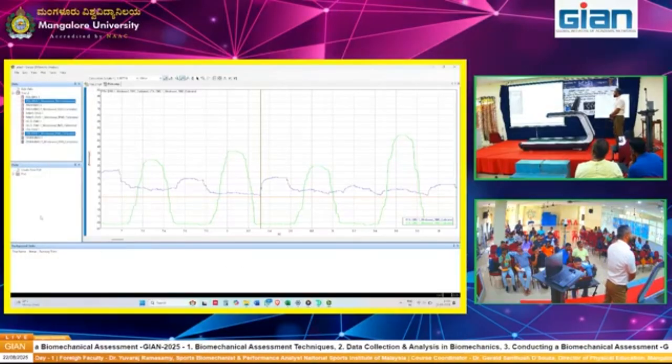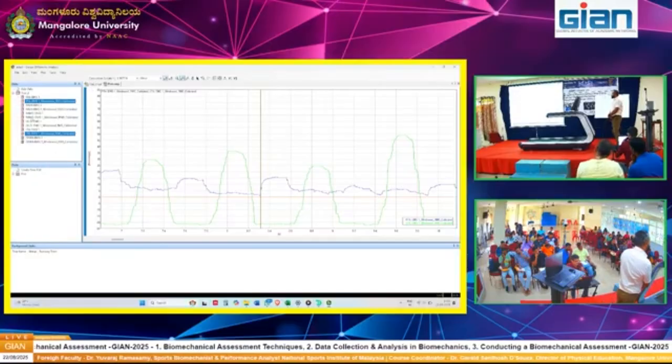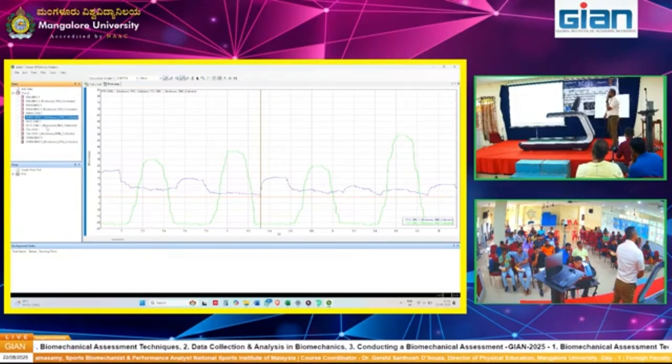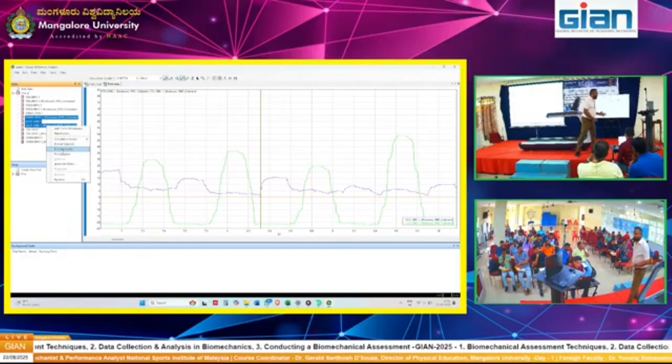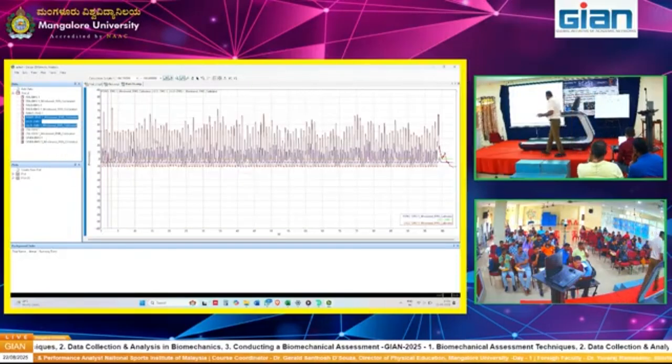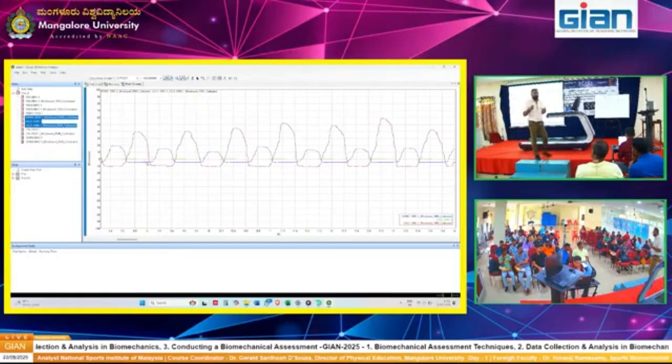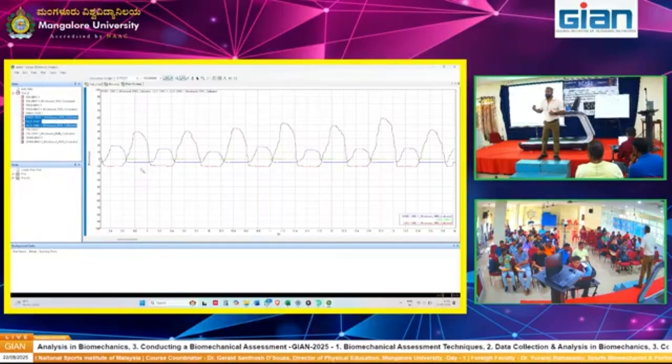We can do these. We'll do the RVMO. But you'll understand the concept, right? The concept is to understand left and right, and then the sequence of the muscle activation.